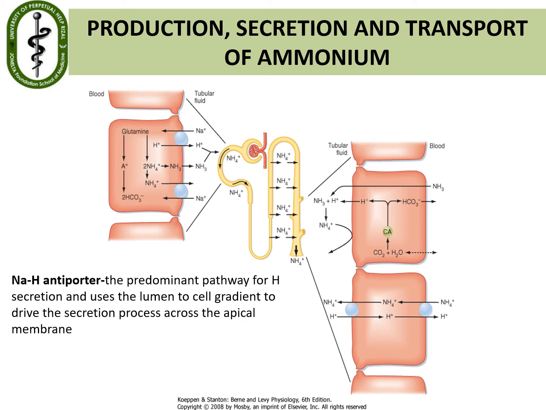So ammonium is produced through ammoniogenesis, goes into the lumen, is secreted and goes again to the collecting duct, and is excreted, and for every molecule of ammonium produced, a new molecule of bicarbonate goes to the extracellular fluid.